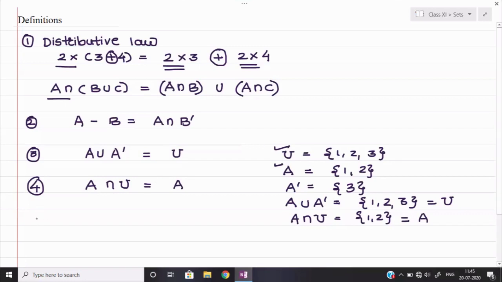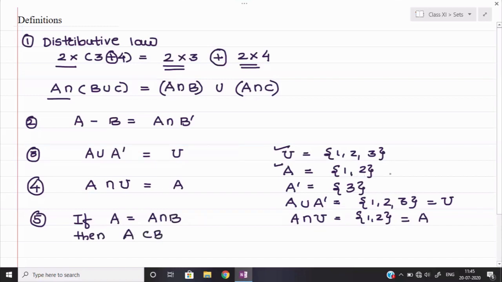Then one last result we shall discuss here. Fifth one: if A is equal to A intersection B, suppose we get this kind of condition, the intersection of two sets is equal to the set A, then in that case we will say definitely A will be a subset of B. How?